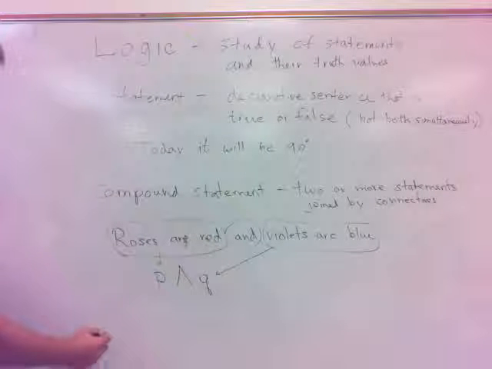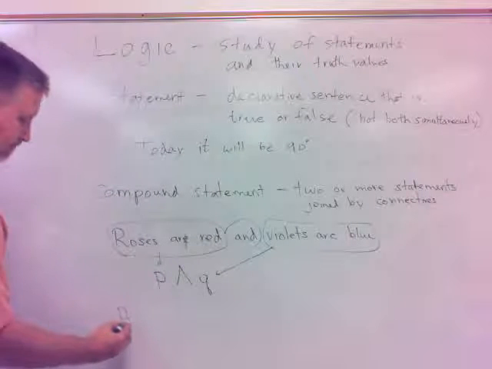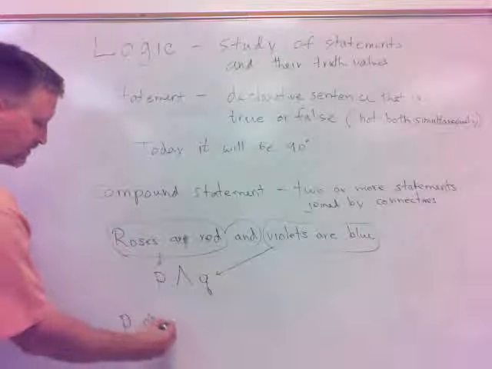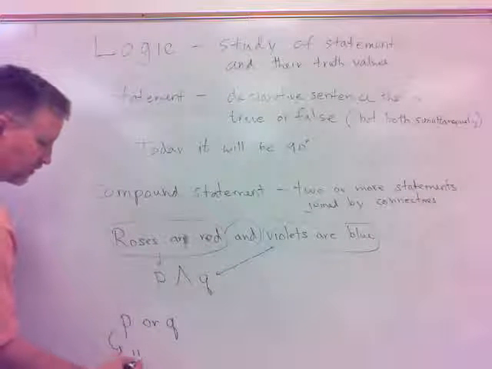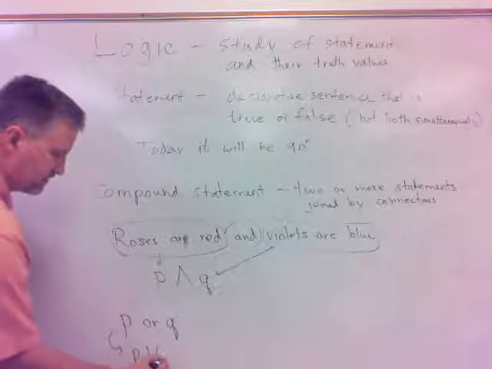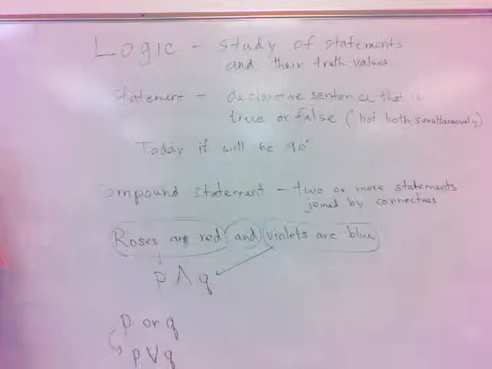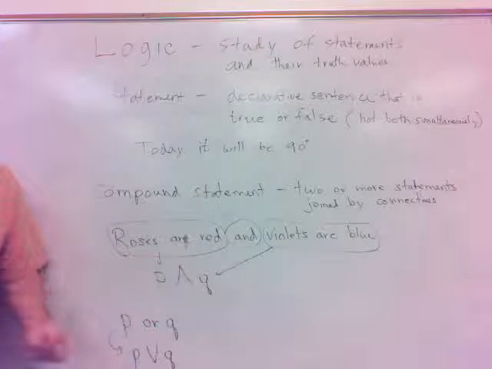We can do the very same thing for the "or" statement. If we have a P or Q statement, notationally the "or" will be represented with the V shape, just like the "or" in sets is the union, the flip of that.